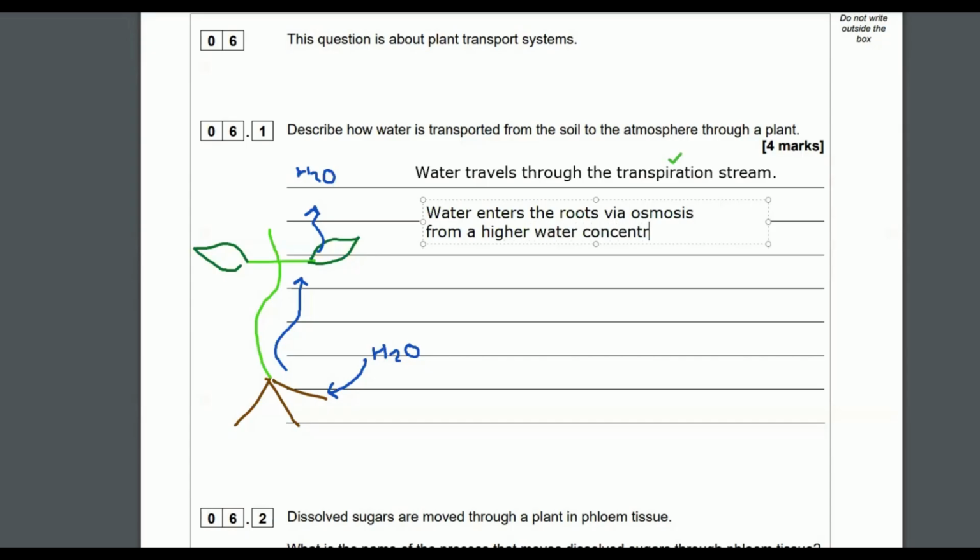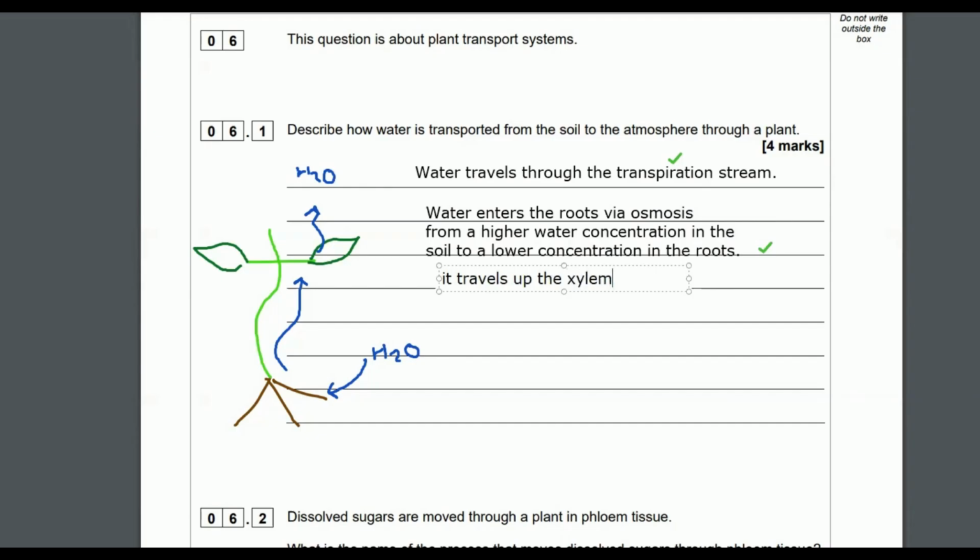So water goes into the plants from the soil into the roots via osmosis from a higher water potential, or we can say concentration, in the soil, to a lower concentration in the roots. Okay. Now it travels up the stem. You don't need to know at GCSE how it goes up the stem. So we're just going to say it travels up the xylem.